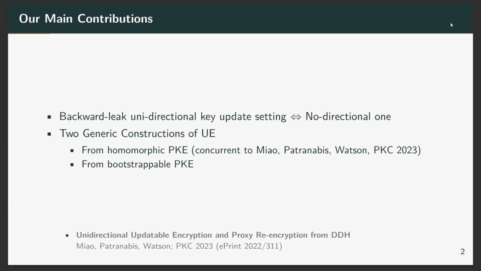The first generic construction is based on homomorphic public key encryption. This is a concurrent work with the first talk. I think we follow a slightly similar idea, but there are also some differences. And the second generic construction we build from a bootstrappable public key encryption scheme.